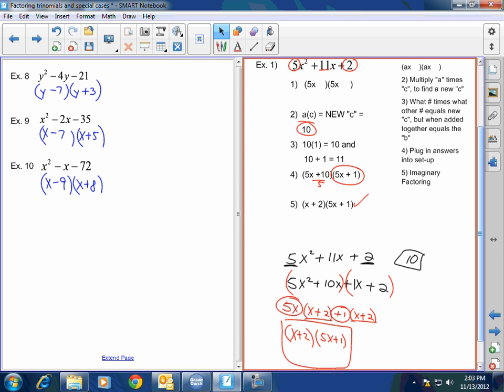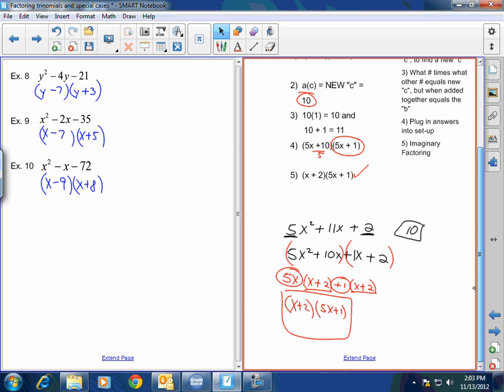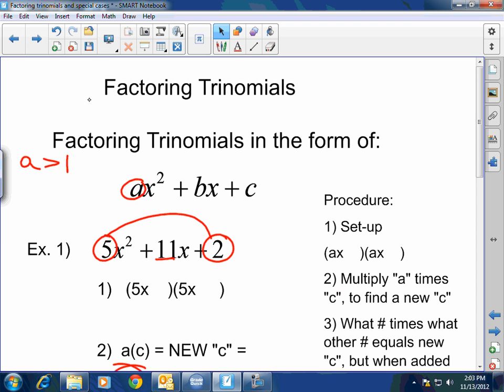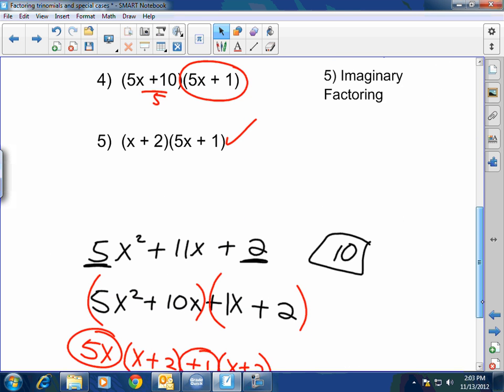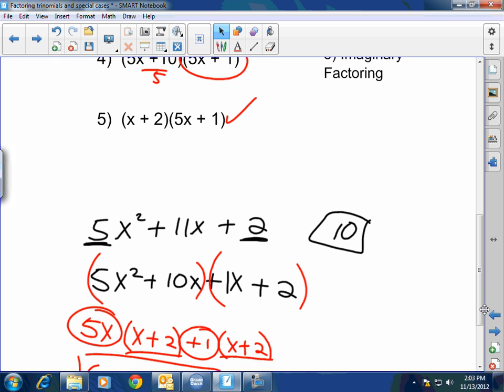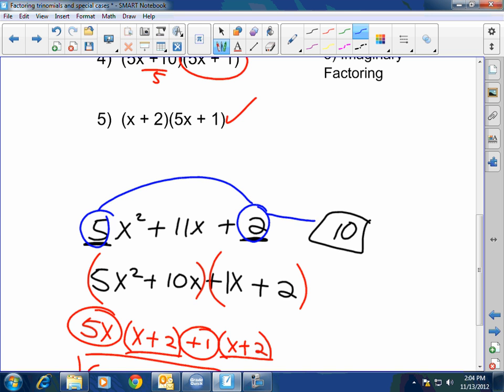Then that's fine. Again, if you're going to do grouping, let me just be fair and give you a good synopsis one more time. First thing, if you're going to do split grouping, you still have to multiply A times C, and that will give you your 10.